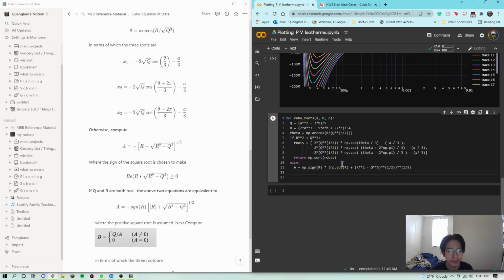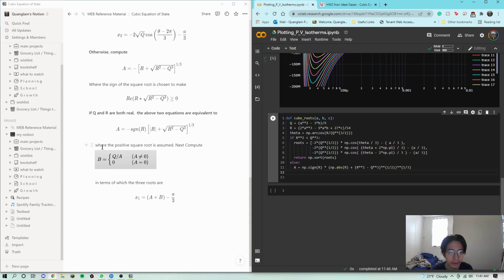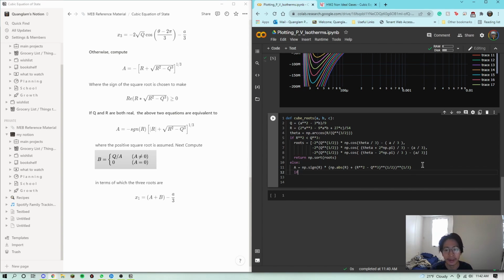Okay, where the positive square root is assumed. Next, compute this expression, and let's break it down. So it's saying that B is equal to Q over A when A is not equal to 0, and B is equal to 0 when A is equal to 0. So another if statement, a nested if statement.